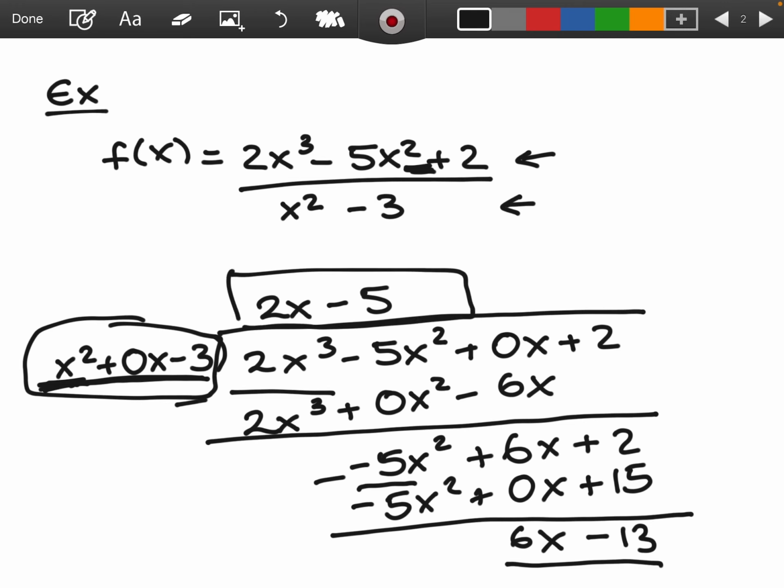And then whatever you are left with at the top, in this case 2x minus 5, that is the equation of your oblique asymptote. So the oblique asymptote is just the line y is equal to 2x minus 5. Of course that is going to be a diagonal line, hence an oblique asymptote. It is not going to be horizontal.